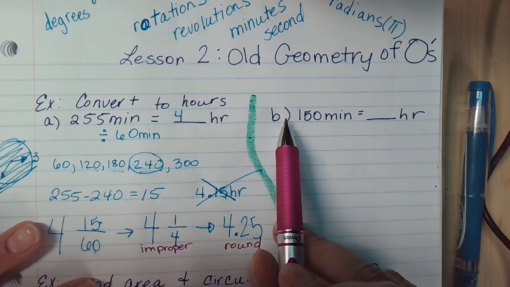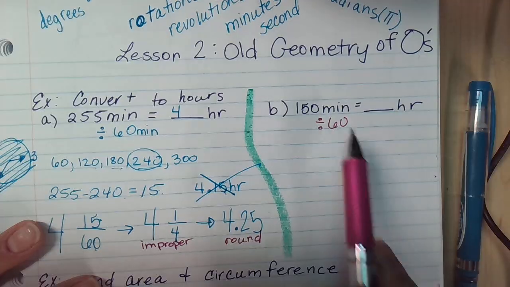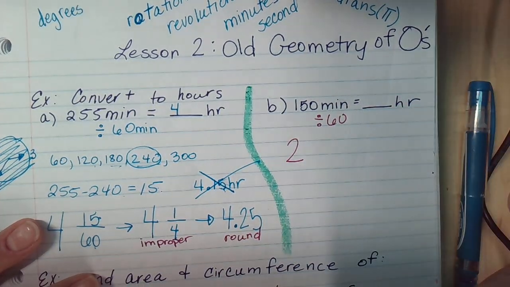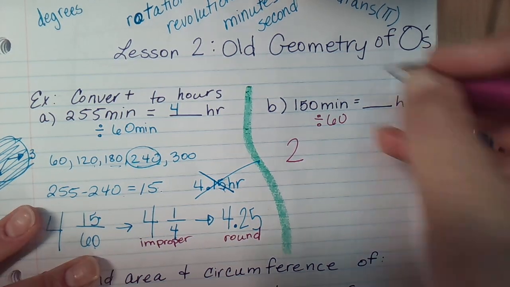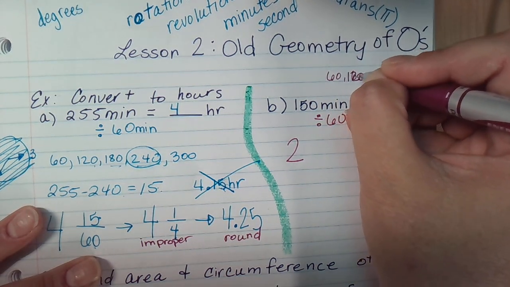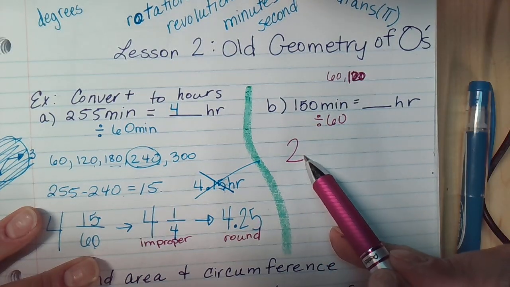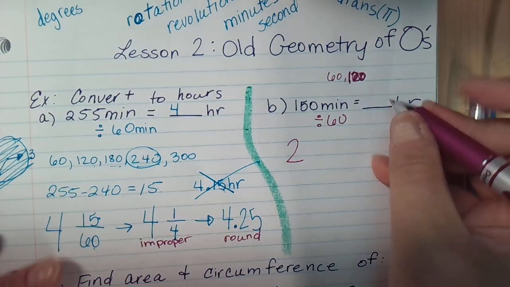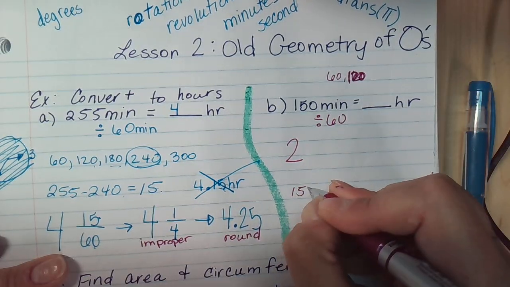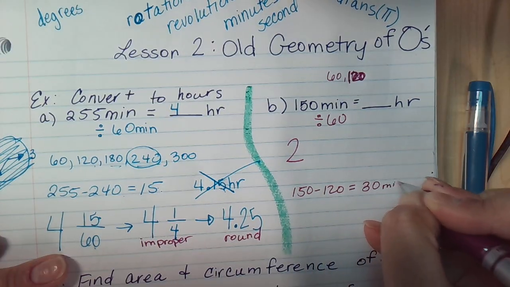All right, let's try 150 minutes. We divide by 60, and 60 goes into 150 twice, for sure, to get 120. 60 times 1 is 60, 60 times 2 is 120. So we definitely have 2 hours. And then what's left over? If we have 150 and we take off 120 for 2 hours, that leaves 30 minutes.